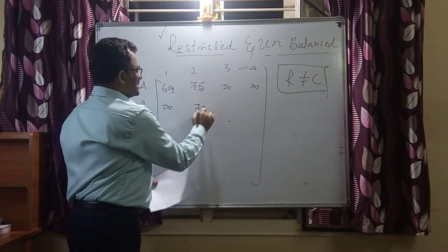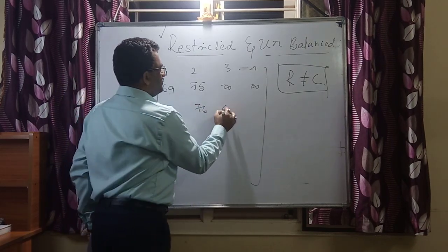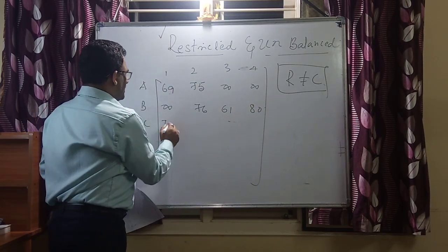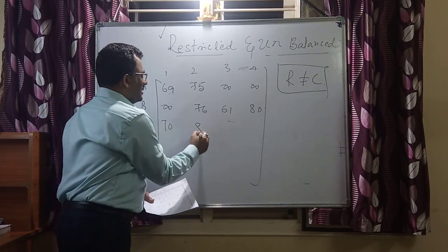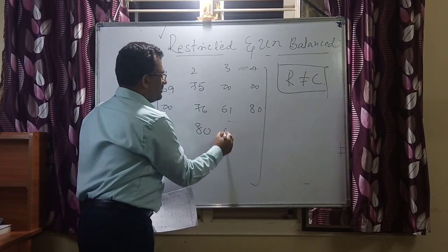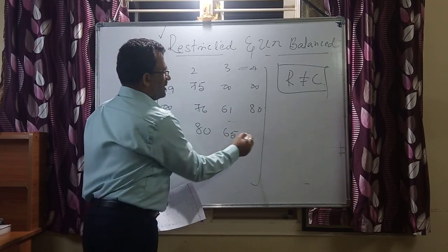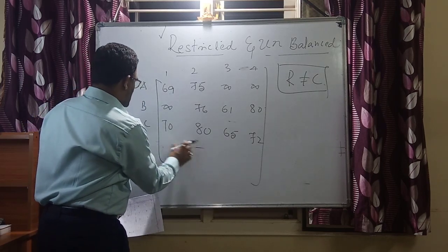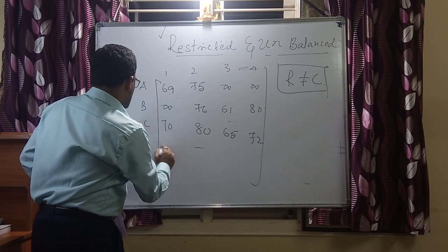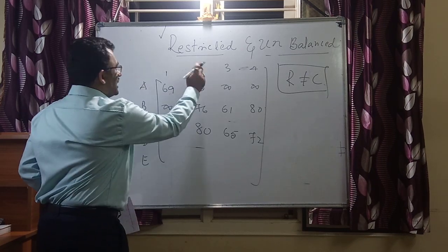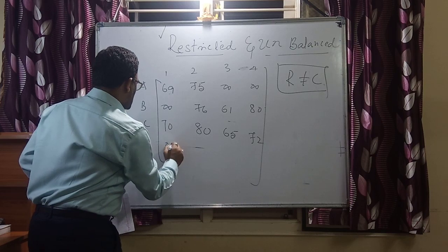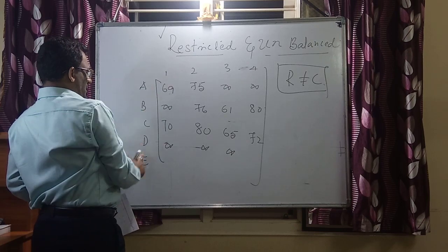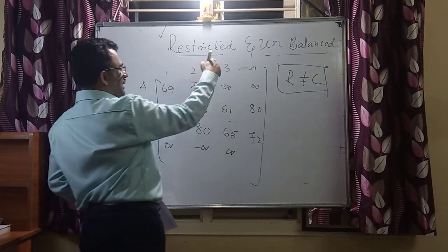Again, it is 76, 61, 80. It's all the costs incurred. Now it is 70 here. Next, this is 80, 65, and then 72. Again, here is a restriction. There are 3 restrictions. This is employee D: job D and employee 1, job D and employee 2, job D and employee 3.